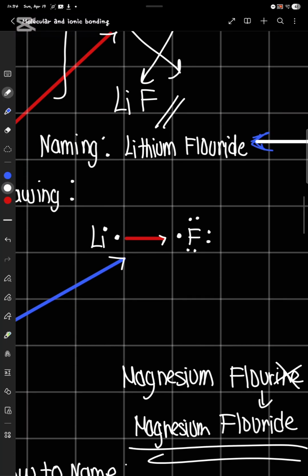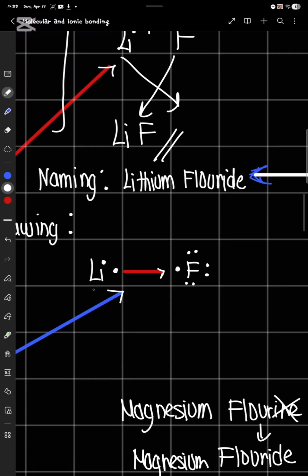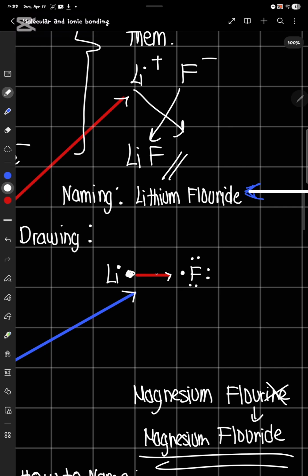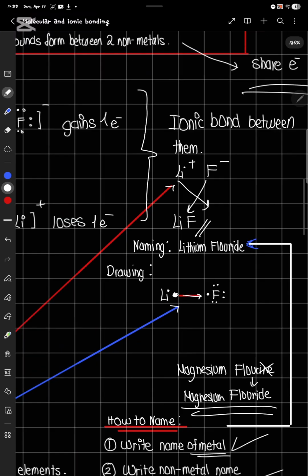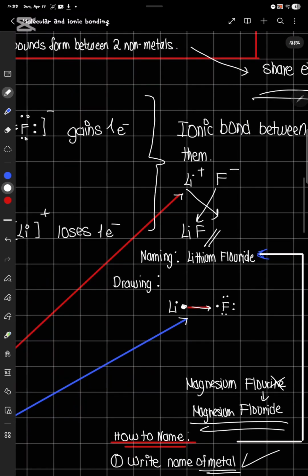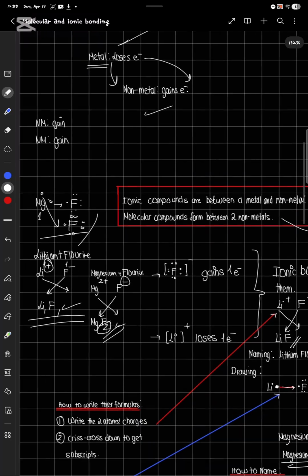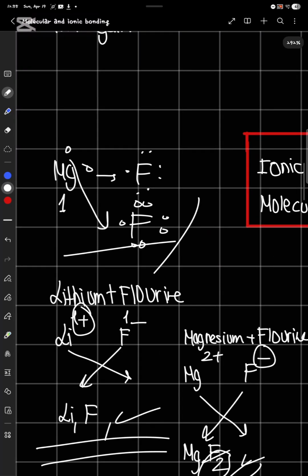You draw the element lithium first with your Lewis dot, which has 1 valence electron, and fluorine has 7 valence shell electrons, so you draw 7 valence electrons there as a Lewis dot, and you draw the 1 electron from lithium transferring to the fluorine. That's all you gotta draw. Okay. Same thing here.